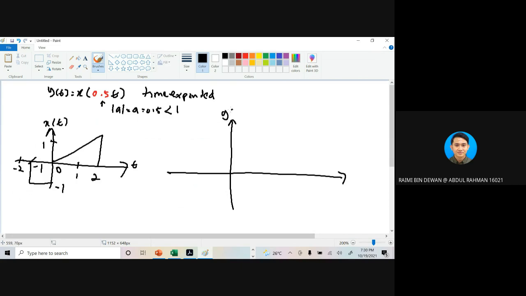y t equals to x. Here, 0.5 is less than 1, so it will be expanded in time.